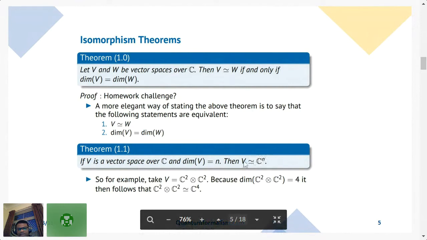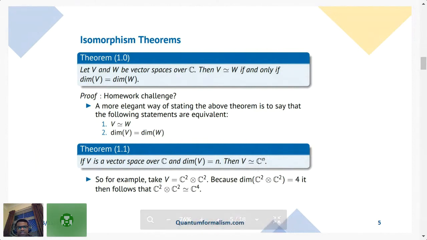Even if we start working on an abstract vector space, because it is isomorphic to Cn, we can do the theory in the abstract vector space, but then do the computation on Cn, because we know pretty well how to deal with matrices. There is a lot of software that can do that.